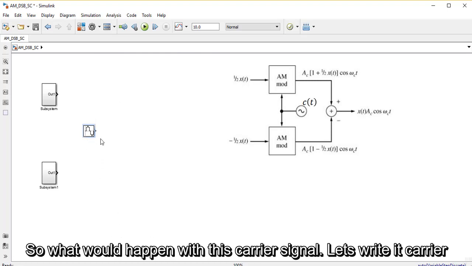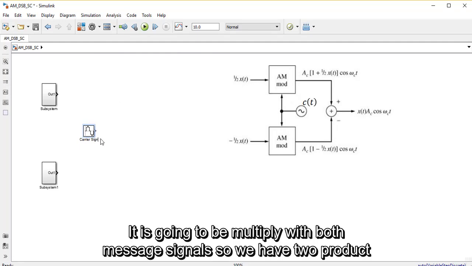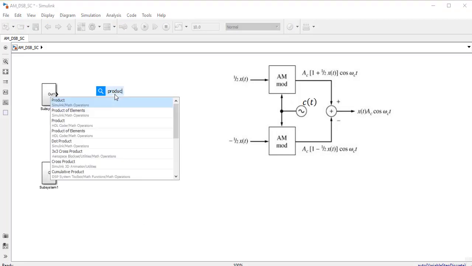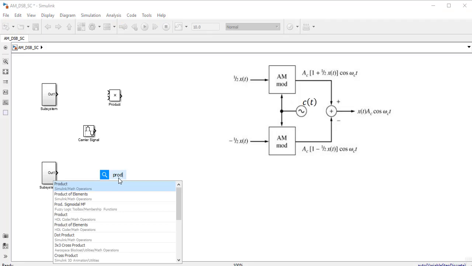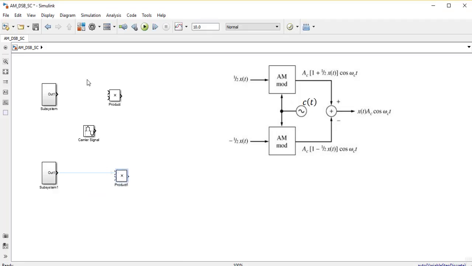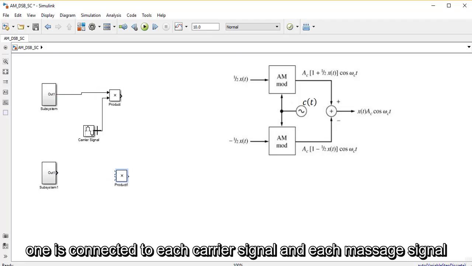So what will happen with this carrier signal? Let's name it carrier. It is going to be multiplied with both message signals. So we have two product boxes. One is connected to each carrier signal and each message signal.